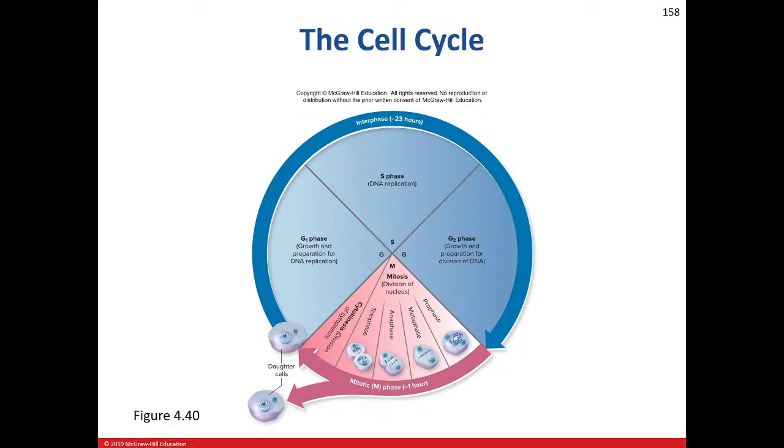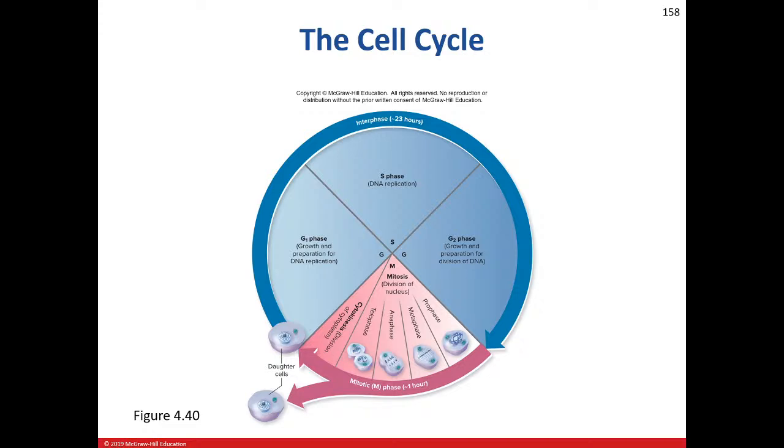In this picture, they drew it as if each of these were equal quarters, each 25% of the time, but actually, you're in interphase most of the time. Then we enter mitosis, and we go through the phases: prophase, metaphase, anaphase, telophase, and then it ends with cytokinesis.